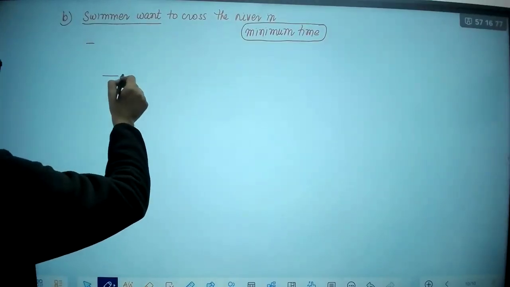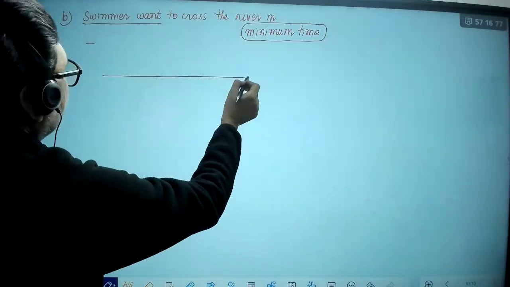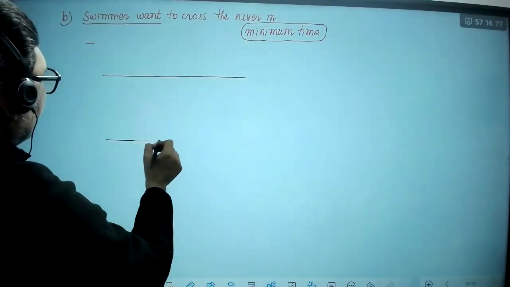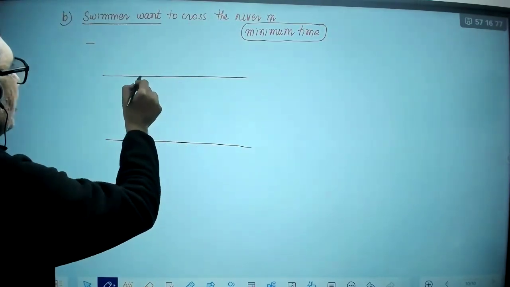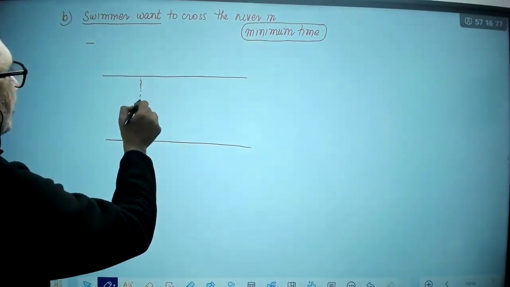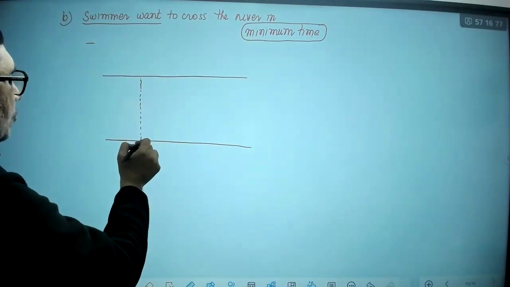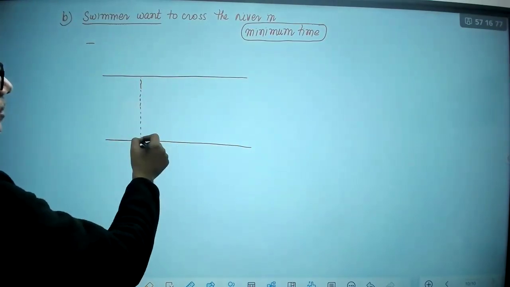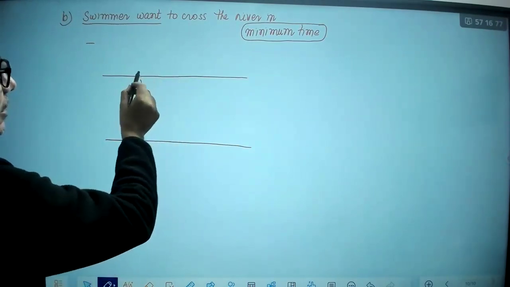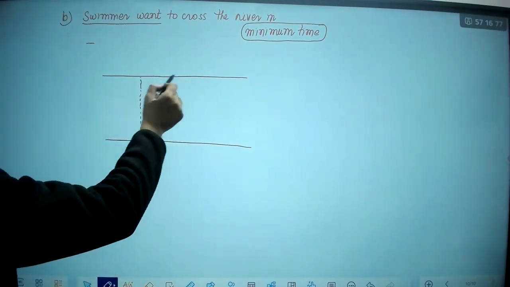So first I'm going to draw this river again. I draw this line. The swimmer is going to start from here, from this point A, and he wants to cross this river. After crossing this river, he may be anywhere.